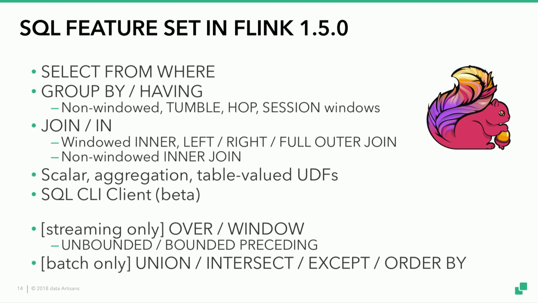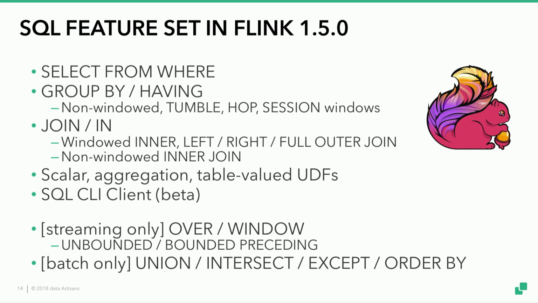So what is the feature set in Apache Flink right now in 1.5? First of all, of course, the very simple use case is just having a select from where query where you can perform some projections and filtering. The next step would be maybe having some aggregates.